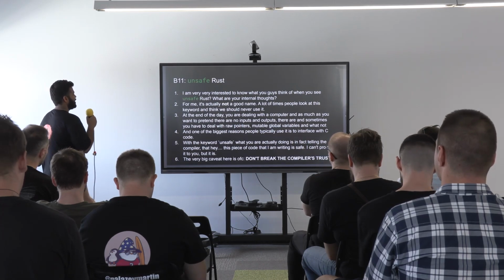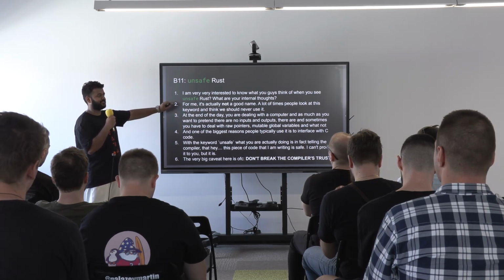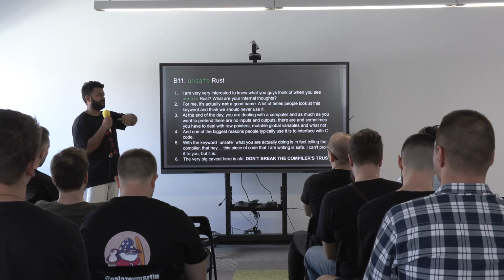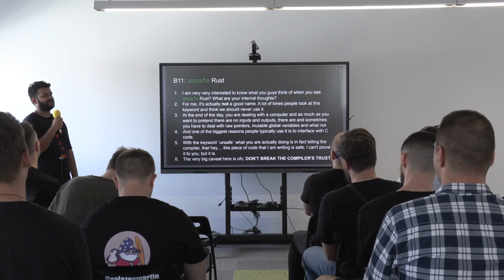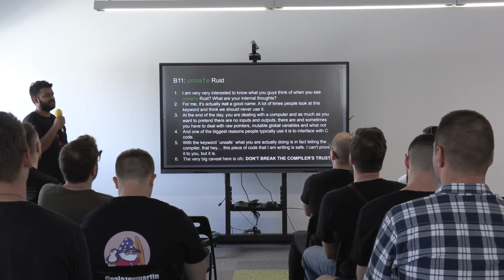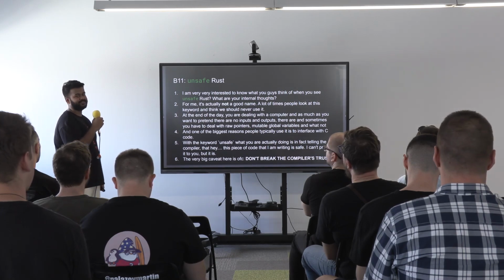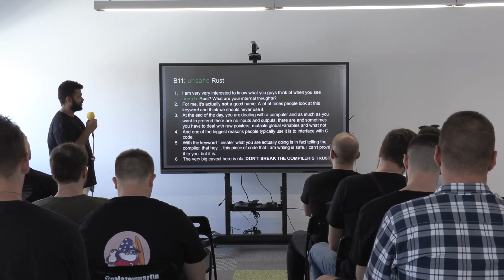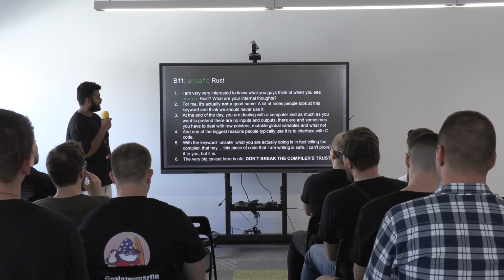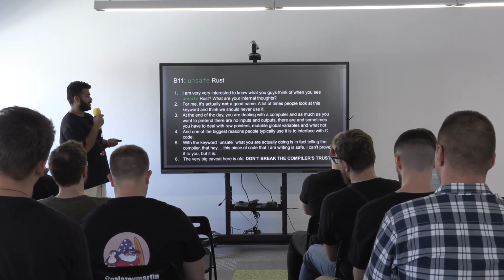For me, it's actually just not a good name. Unsafe Rust just says that whatever you're writing is unsafe, which is not true. A better name could have been not provable. Because at the end of the day, you are dealing with the computer, and as much as you want to pretend, there are no inputs outputs.